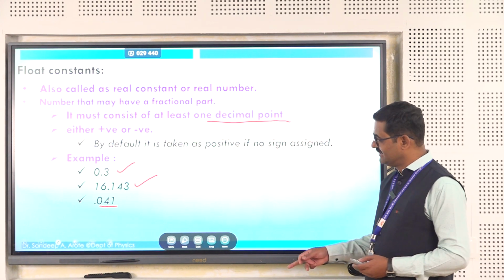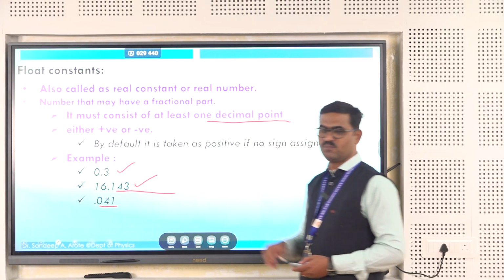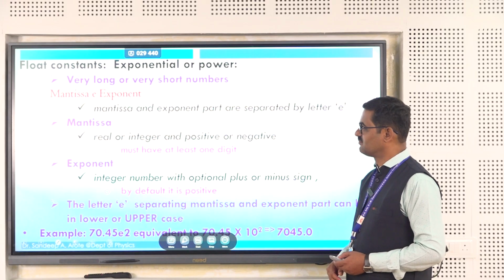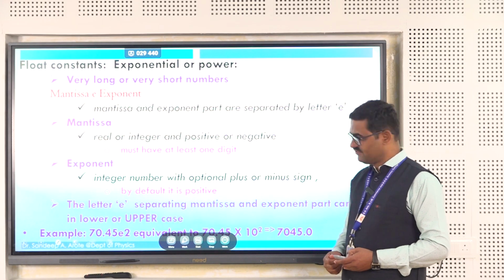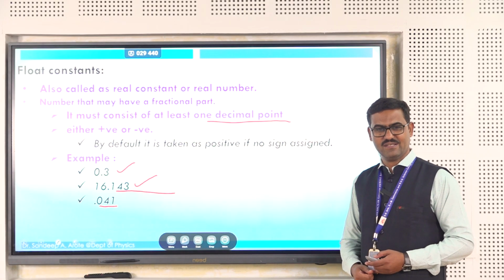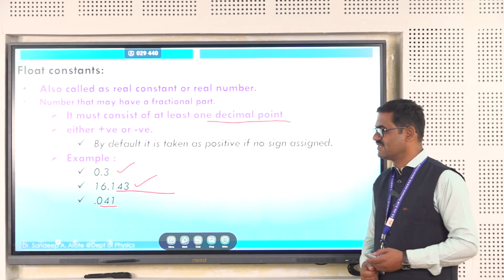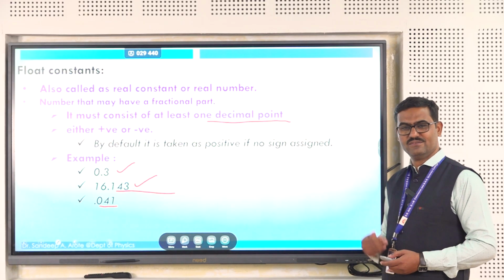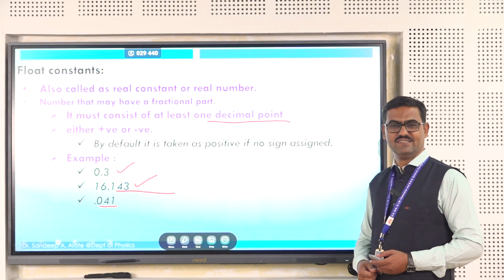Now, based on how many digits you can have in a number, there are two types of floating point constant. The first is known as float constant and the second is known as double constant. If you are writing a number with up to 6 digit precision, then that number can be stored as a float constant. If you have 10 digit precision, then it is known as double.